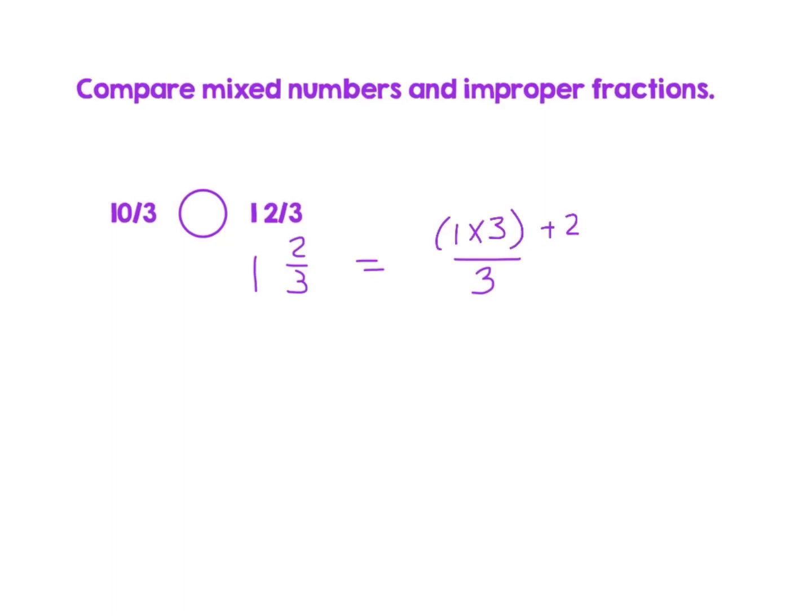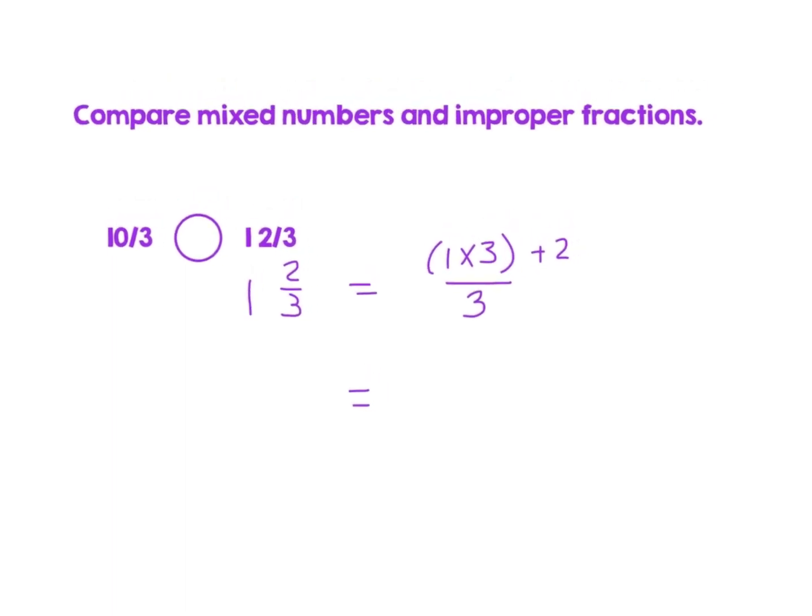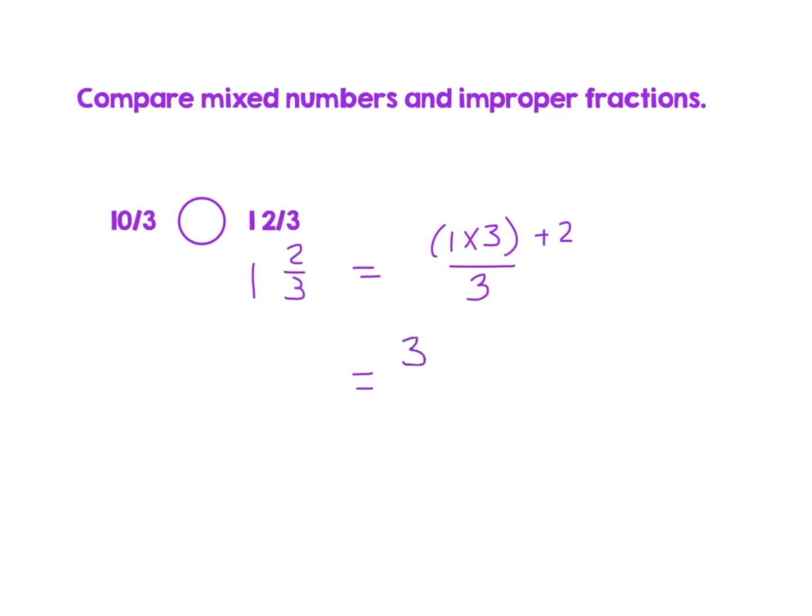And I know that 1 times 3 is 3. So I have 3 plus 2 in my numerator over 3 in my denominator. And that means that I'm really going to have 5/3 as my improper fraction. So now I'm ready to compare.